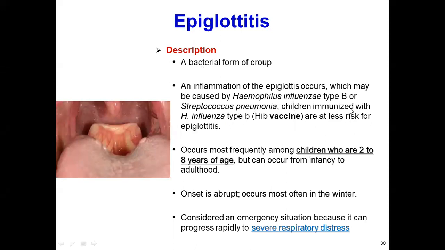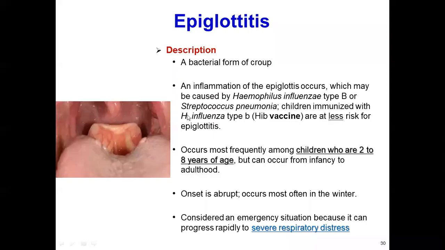Children immunized with Haemophilus influenzae type B are at less risk to develop epiglottitis. So if children get vaccinated against Haemophilus influenzae, they have a chance to reduce epiglottitis.